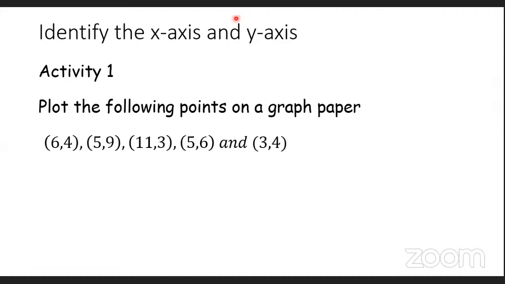Hello, teacher. May you please repeat the question? I read out these points here, which are 6, 4, 5, 9, 11, 3, 5, 6, and 3, 4. And I was asking, in which way or in which ways do we plot these points?